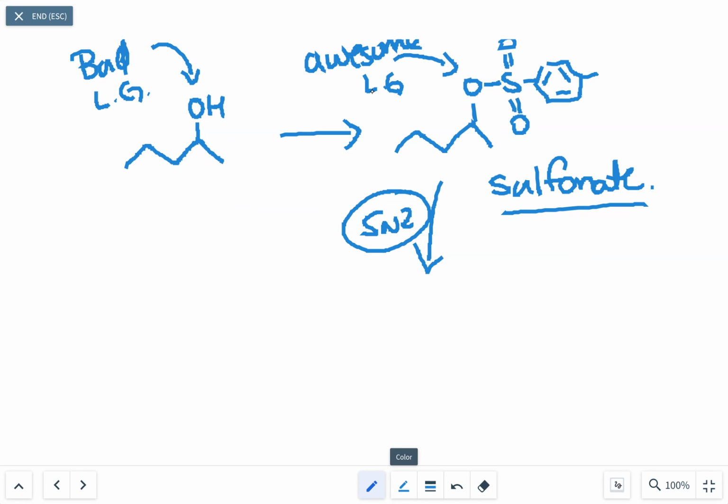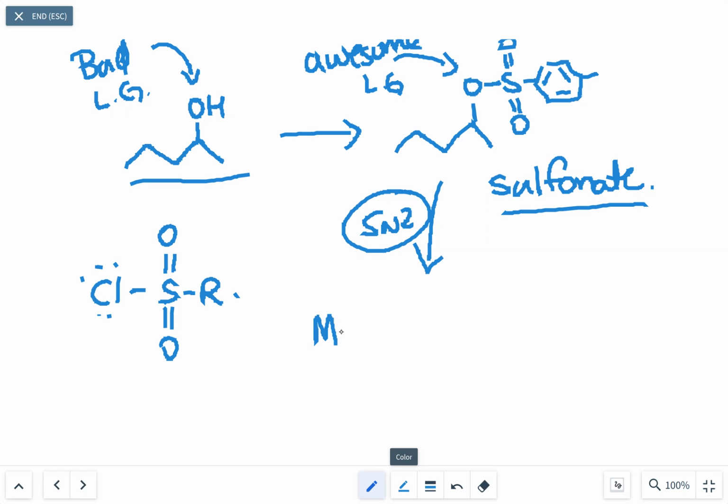So this chapter, which is for substitution reactions, we're talking about alkyl halides, it also works with these sulfonates here. The typical reaction conditions, if you wanted to convert this secondary alcohol into this secondary sulfonate, is using this species here.